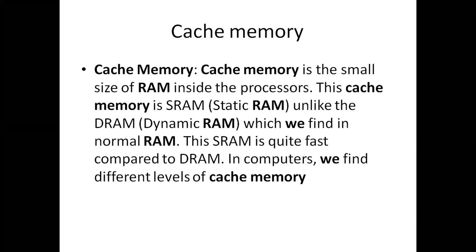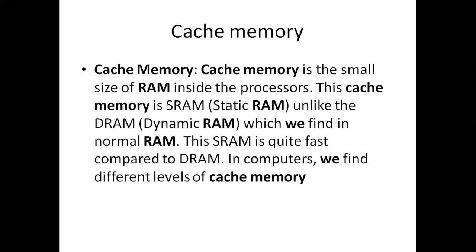In dynamic RAM, transistors and capacitors help in the storage of data. We have seen that static RAM is quite fast compared to DRAM. It is a fast functioning memory. It is also called buffer memory.